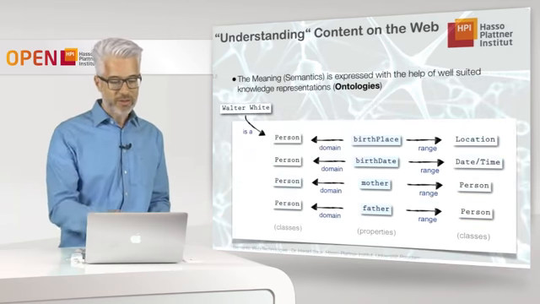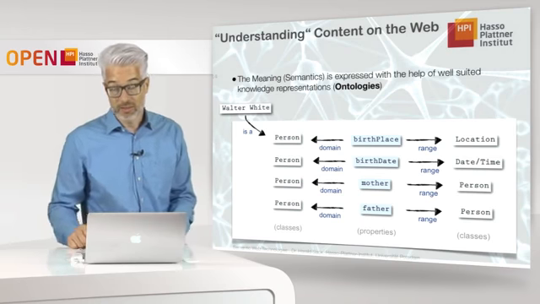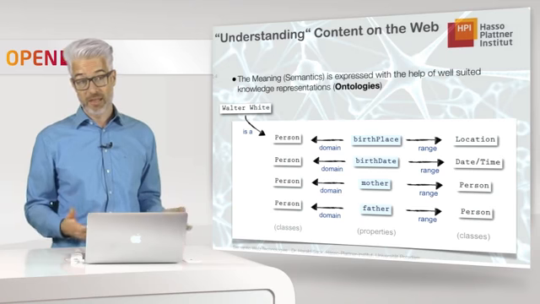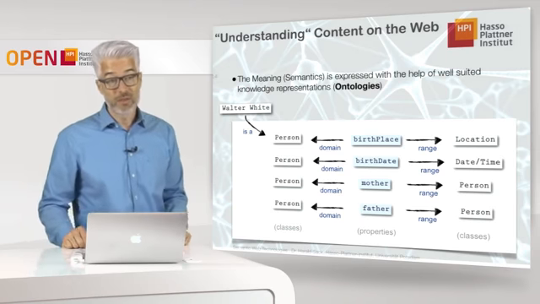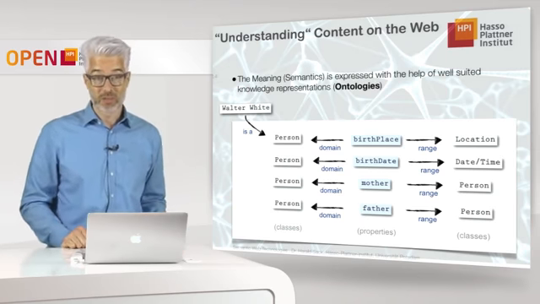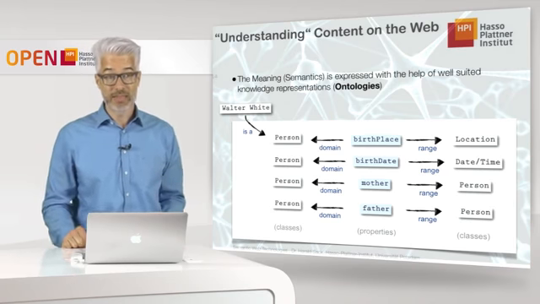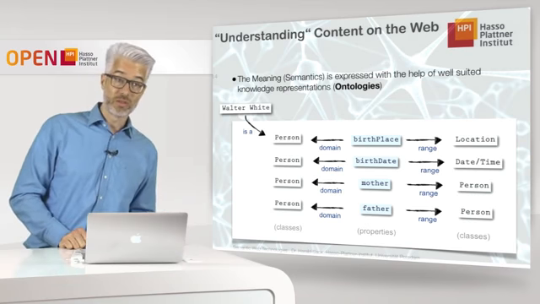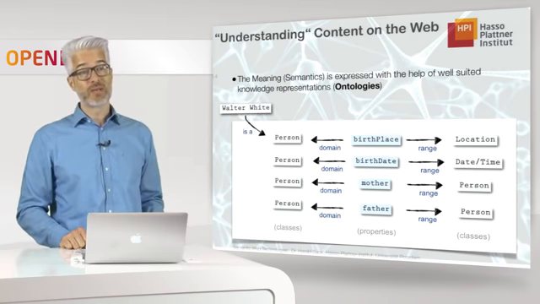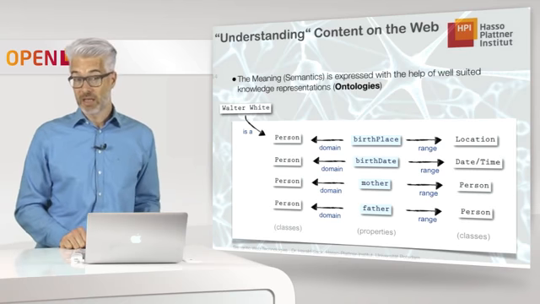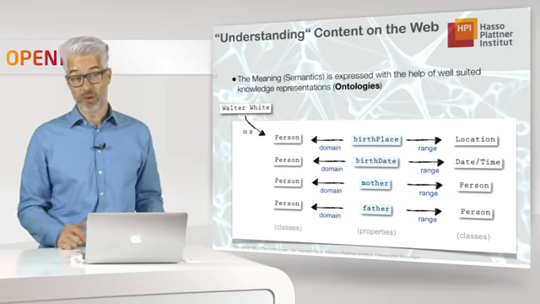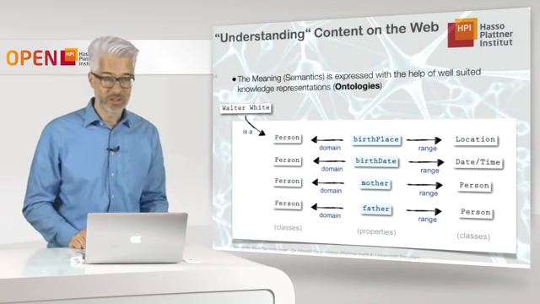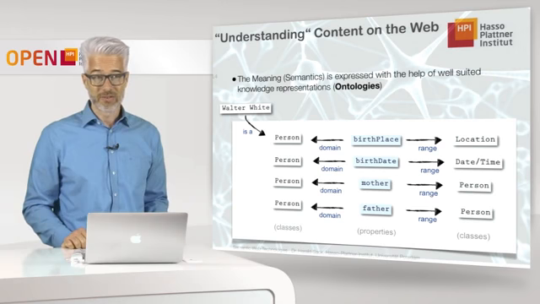So for example, you can also state that Walter White is a person, and you know about persons that persons must have a birthplace, a birth date, a mother or a father, and these in blue here are so-called relationships or properties between classes which are given within an ontology. So therefore, if you know that Walter White is a person, you might also infer that he must have some kind of a birthplace and also a birth date and stuff like that. So here's again another possibility for logical inference. But we will talk about this stuff later.